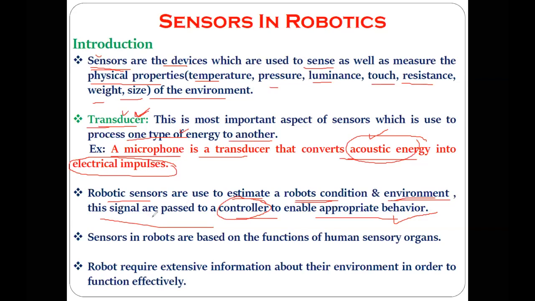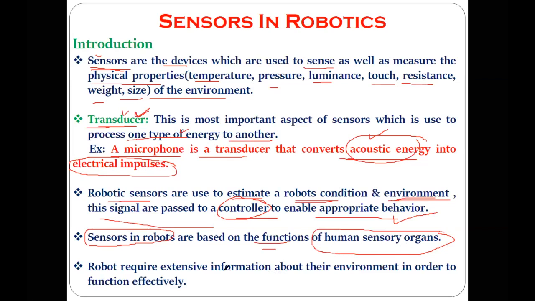In short, we can say the sensors in robots perform a function just like human sensory organs. Just like humans have different sensory organs like eyes, ears, nose, for the robots we need to utilize different sensors.